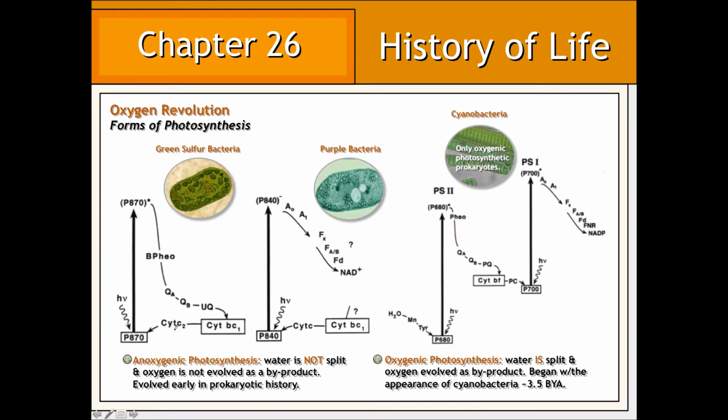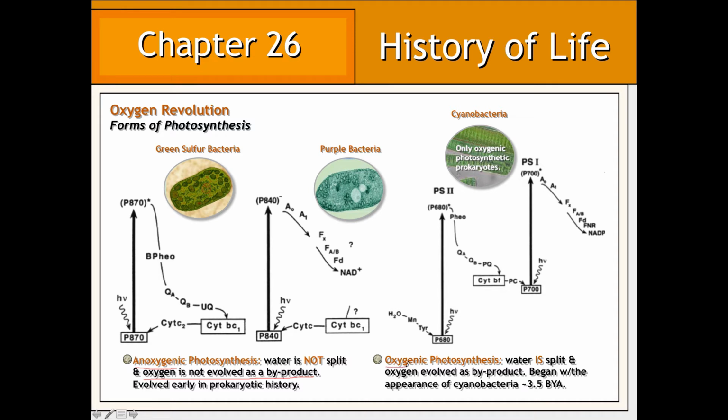The first forms of photosynthesis to appear on this planet were regarded as being anoxygenic because water was not split for a source of electrons during this process, and therefore oxygen was not produced as a byproduct. Now, somewhere around 3.5 billion years ago, other forms of photosynthesis started to evolve.